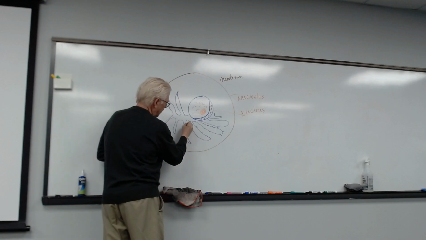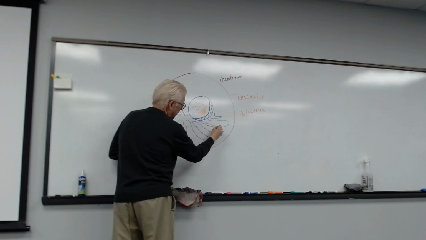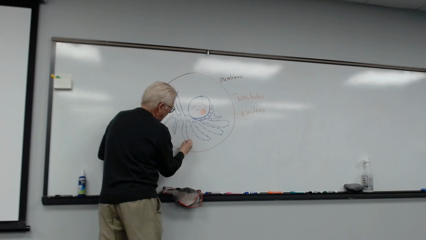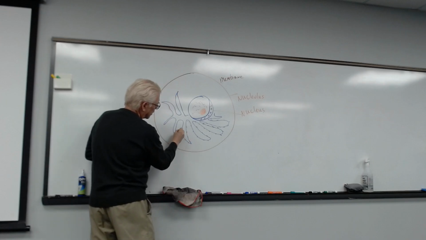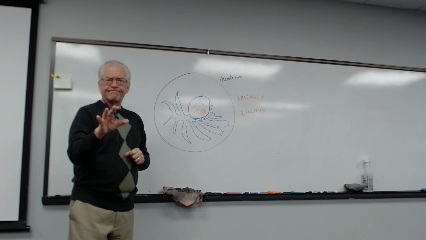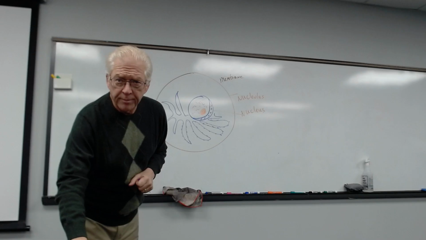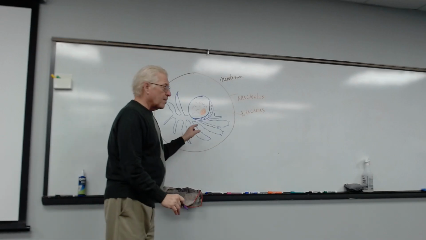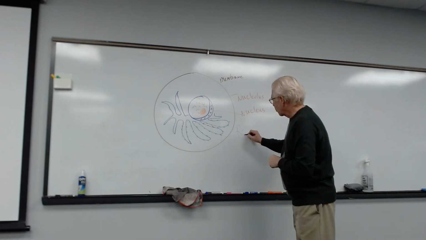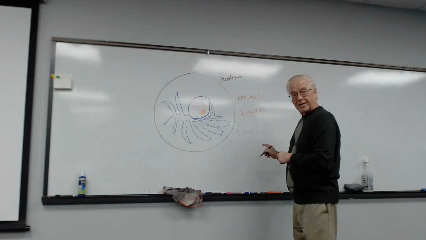And if the ribosomes are on this membrane, it reminded somebody of what do you call it to smooth down a piece of wood? Sandpaper? Sandpaper, there you go. It reminded somebody of sandpaper, so they called this rough ER, for endoplasmic reticulum.